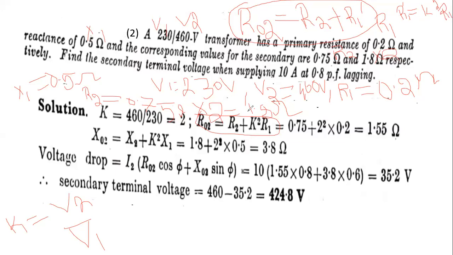Understand? That is R02 is equal to R2 plus K square into R1.